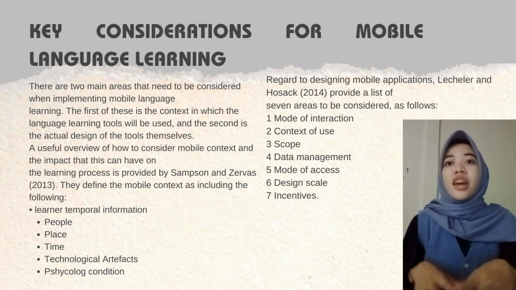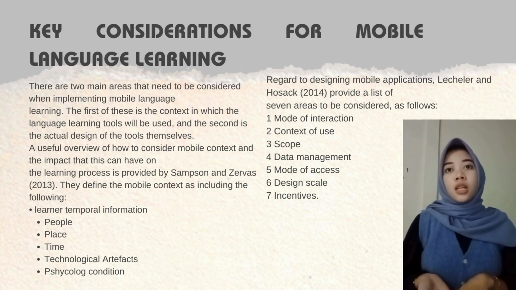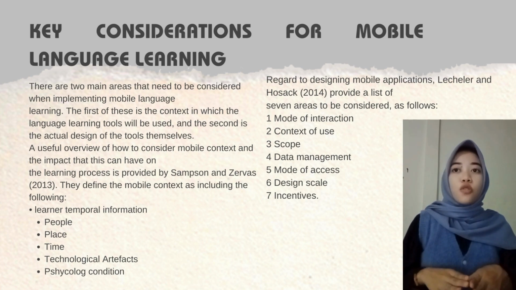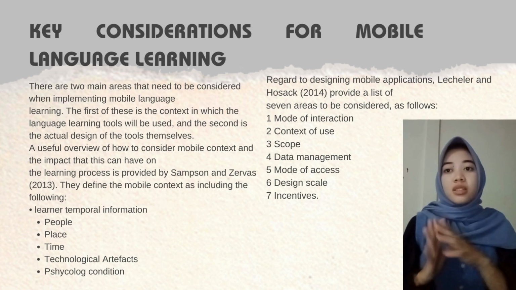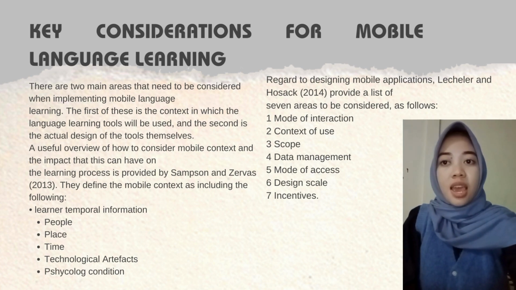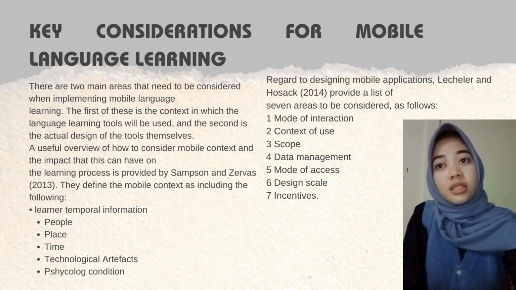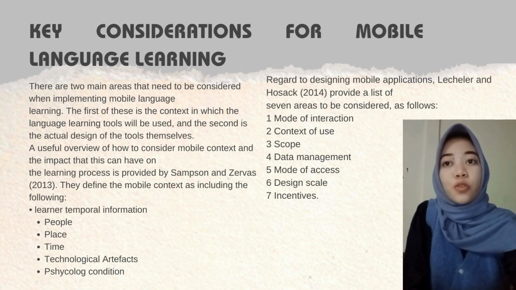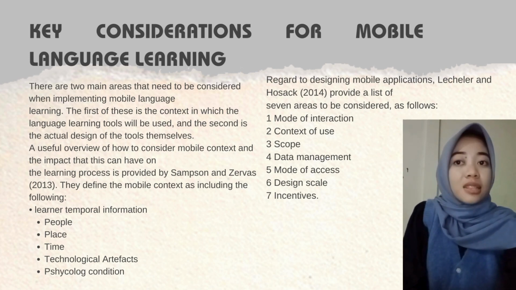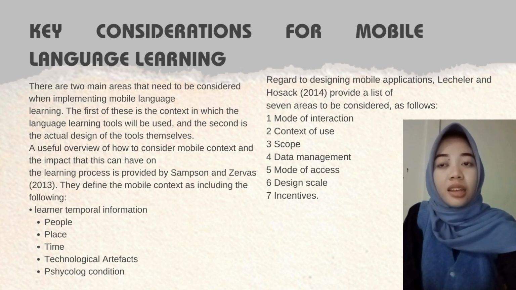With regard to designing mobile applications, literature and Hsu provide a list of seven areas to be considered as follows. The first is mode of interaction, and the second context of use, and the third scope, and the fourth management, and the next mode of access, design scale, and other.